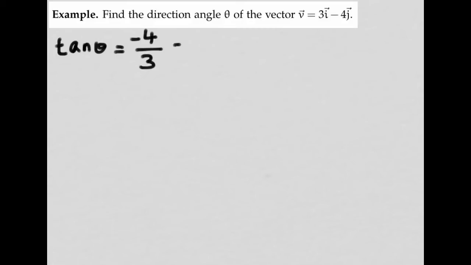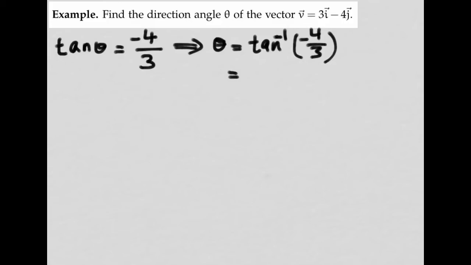This means that theta is tangent inverse of minus 4 over 3. We can get this answer with a calculator and make sure the calculator is set in degrees. That's minus 53.13 degrees.